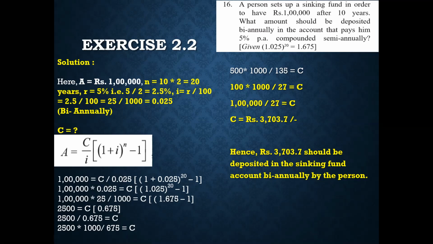Before I wind off the session, just we'll do a quick revision of all the 4 formulas without seeing. I won't show you all the formula. So repeat after me. First formula is of accumulated amount when C is given. So A is equal to C upon I, 1 plus I raised to n minus 1. Next, again accumulated amount when present value is given. तो आपने याद रखना है A के 2 फॉर्मूले हैं.